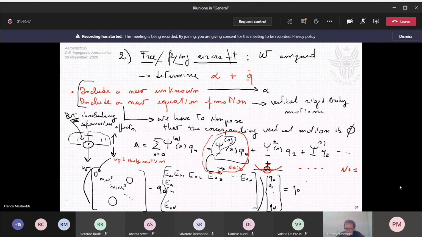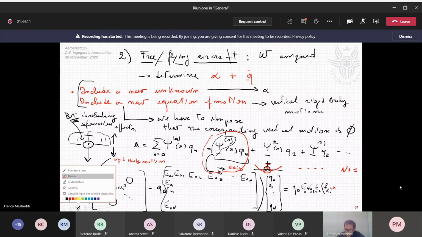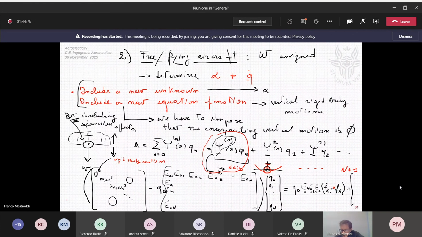So we have E4, E3, E2, and then we have F0 plus alpha F1, and attention please, we have also a known vector associated to the gravity load.